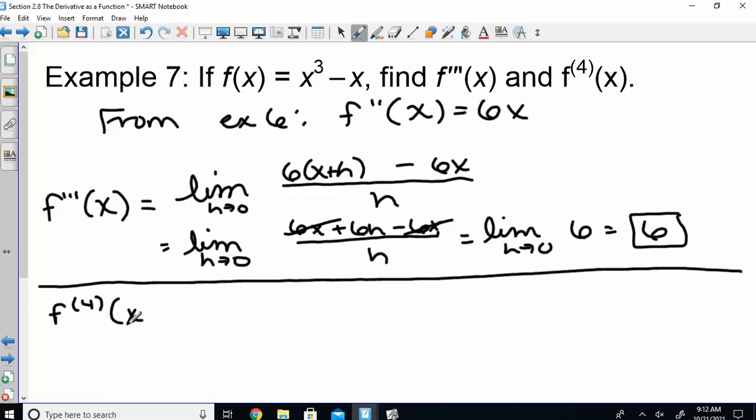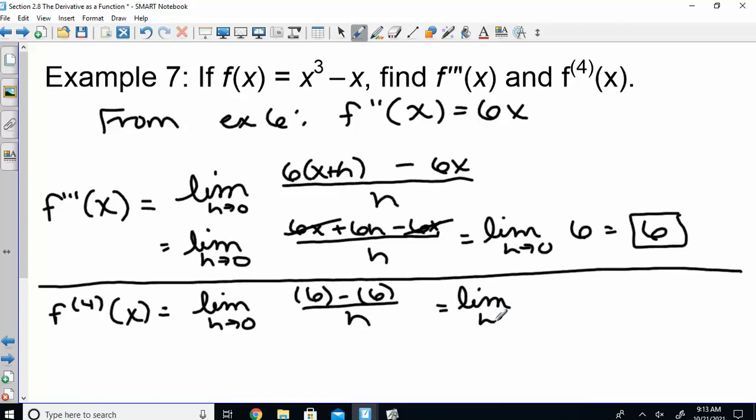So the fourth derivative, I did the derivative of this. That would be the limit as h approaches 0. F of x plus h, do I even have an x to plug it in here? So f of x plus h is just 6, minus f of x is just 6, over h.